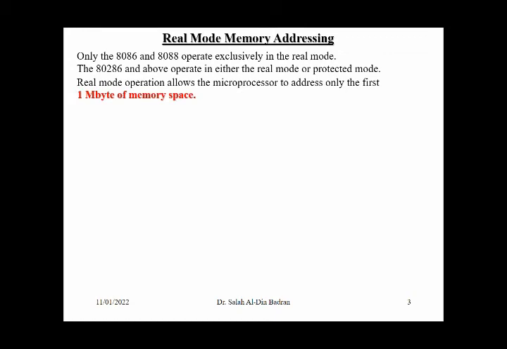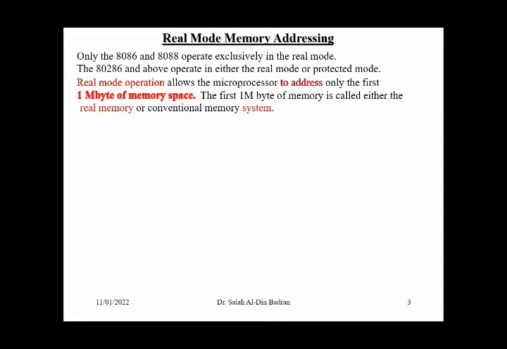So, real mode memory addressing means using only 1 MB of memory space. This is the real mode. The first 1 MB of memory is called either real memory or the conventional memory system.